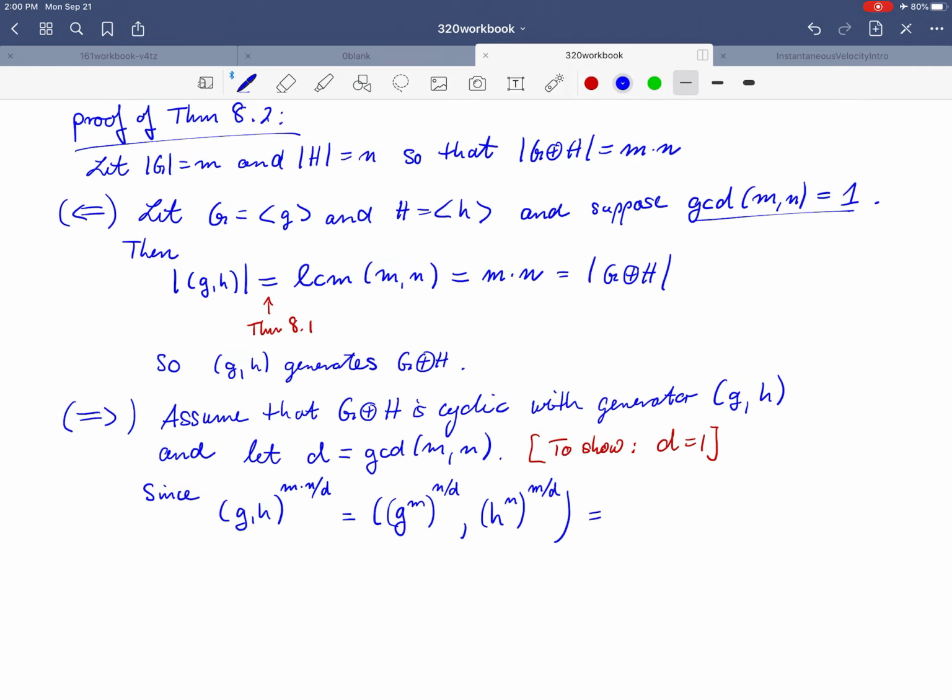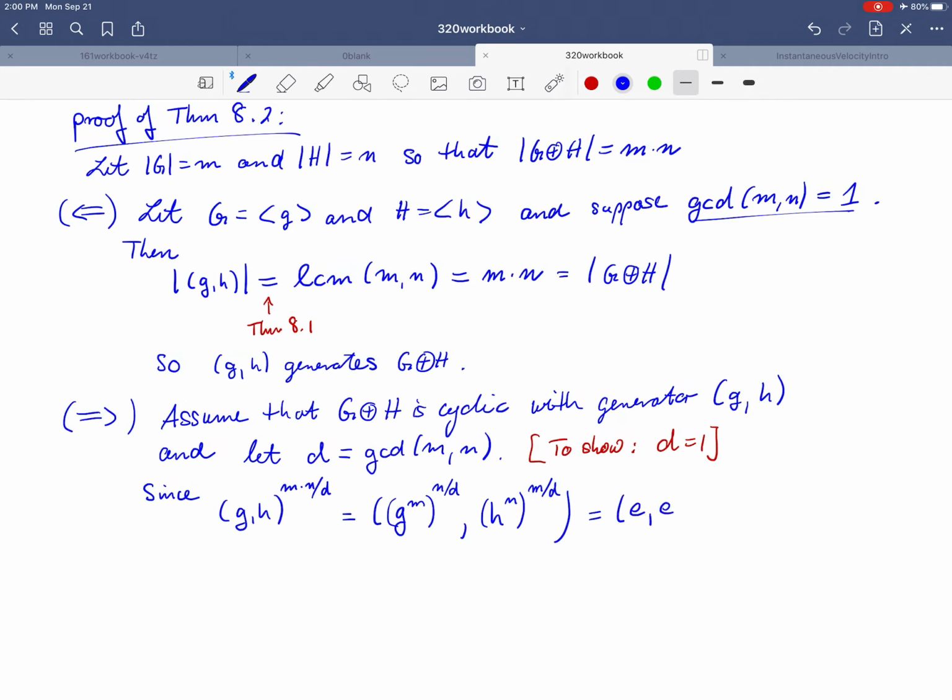But what is that equal to? M was the order of our group G, and N was the order of our group H. And we have a nice theorem in chapter 7 that says if you are taking a group element and raise it to the order of the group, you have to get the identity.